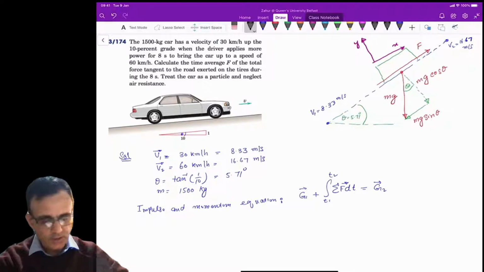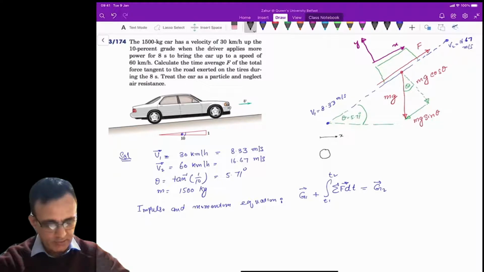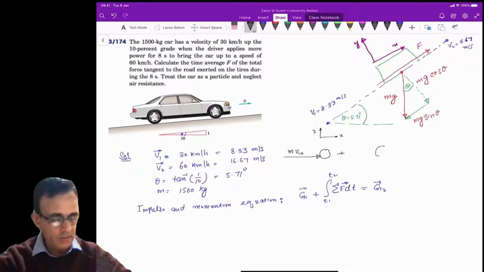So if you consider this is our x direction and this is the y direction. The G1 is in this direction, which is m v1x.